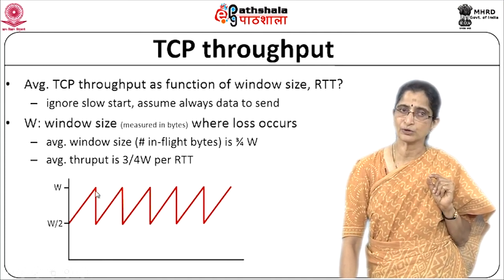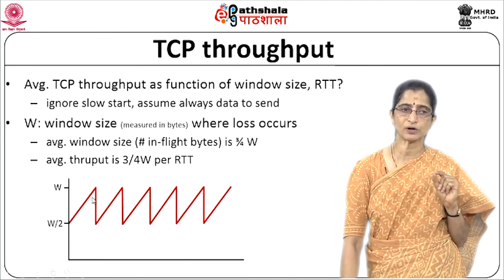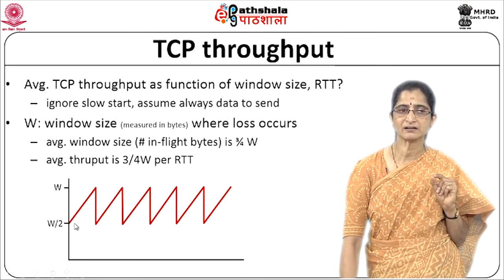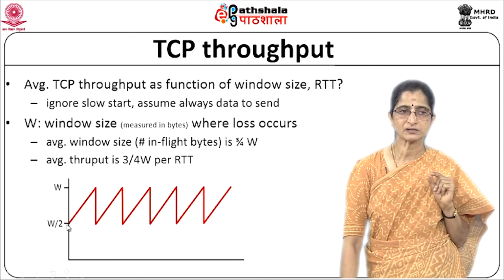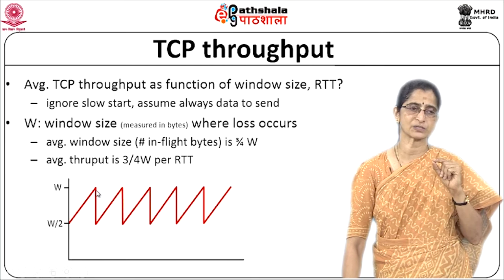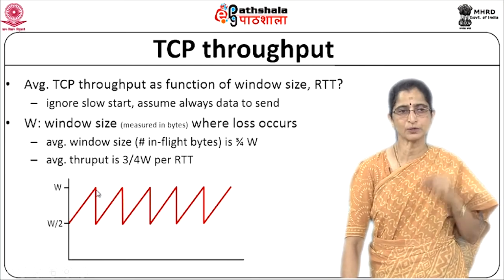Let us say again at W you get a loss. So again you come back to W/2. So what is it that you are doing? You are transmitting W/2 packets at a particular time, and you move up to a window size of W, and again there is a drop, so you keep coming back.